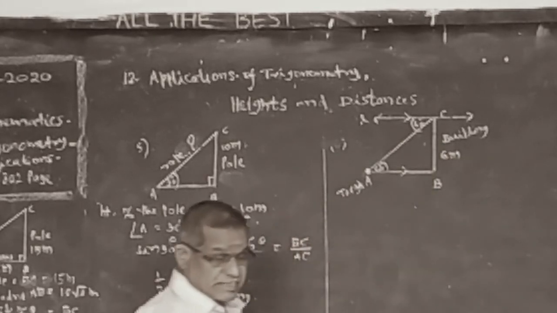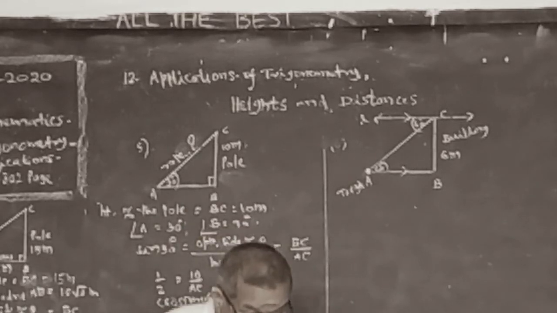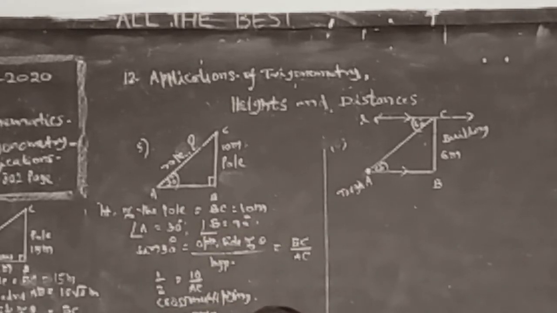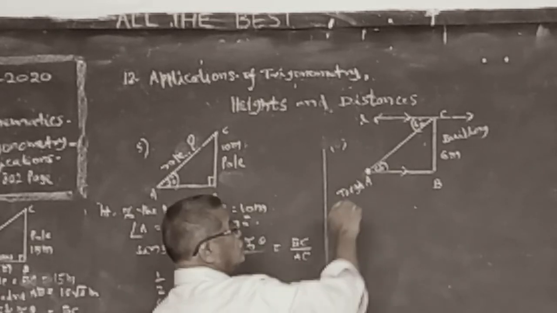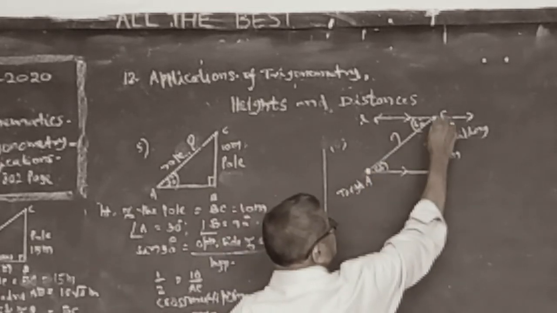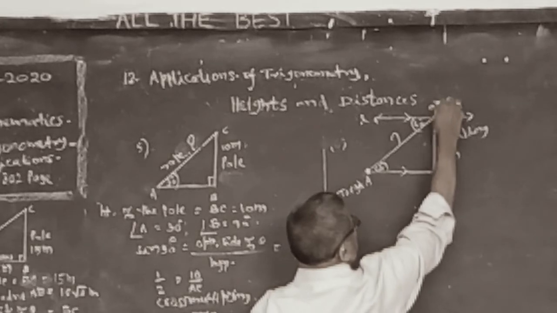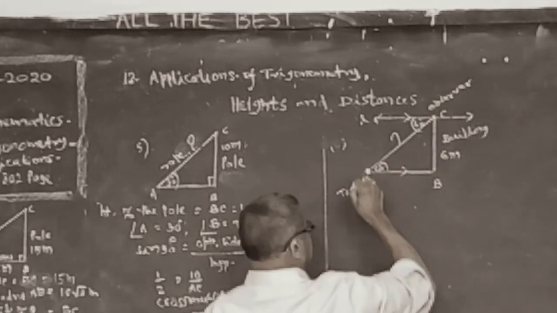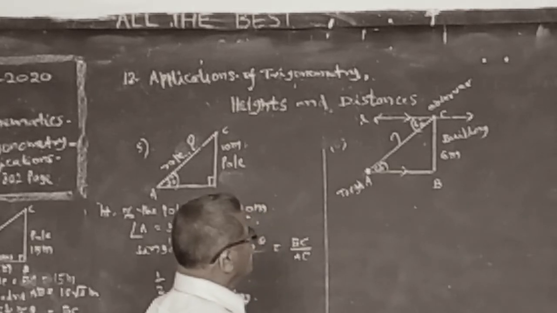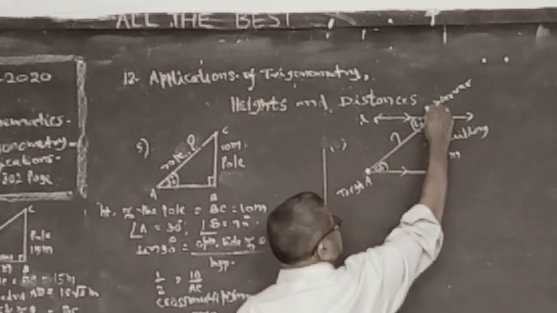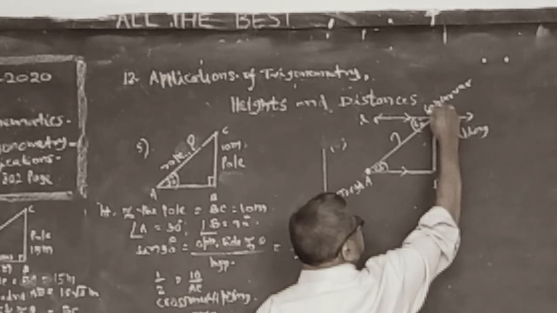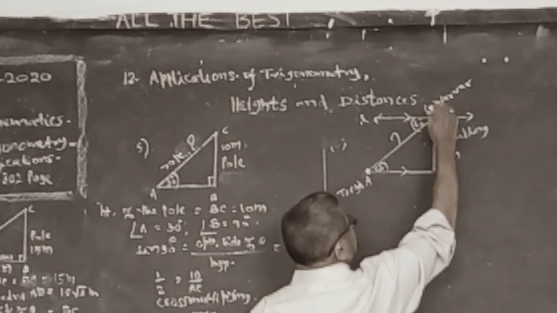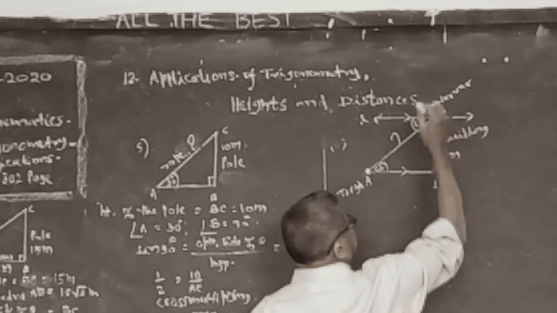Angle of depression is 60. And find out the distance between you and the object. Observer is here, the observer is at C, and the target.